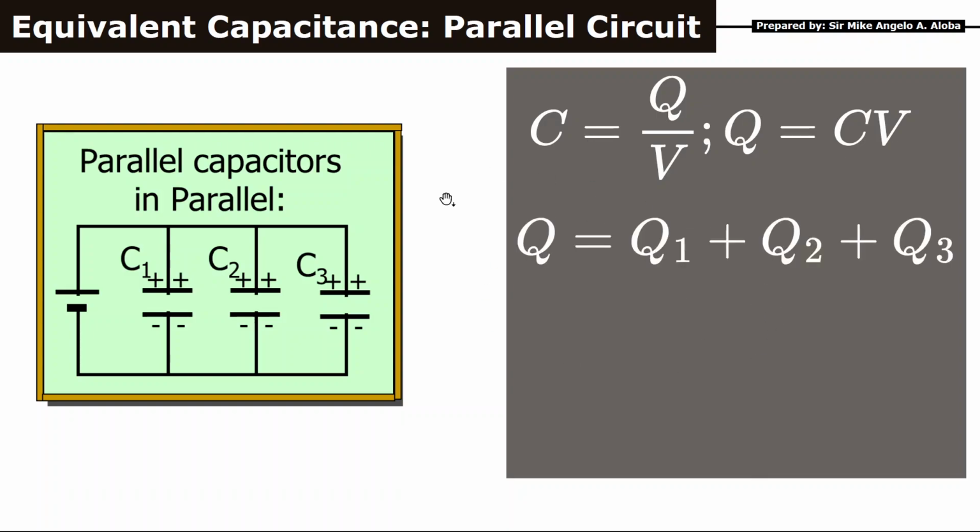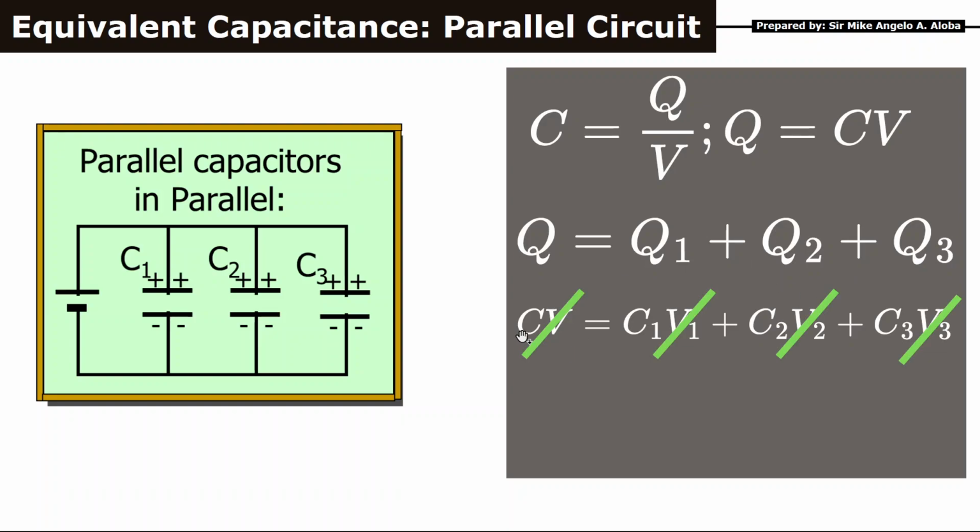So we know that in a parallel connection, Q total is equal to Q1 plus Q2 plus Q3. But remember that Q is also equal to CV. Therefore, CV is equal to C1V1 plus C2V2 plus C3V3.